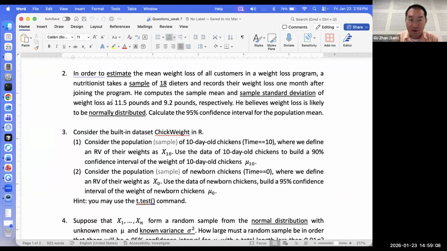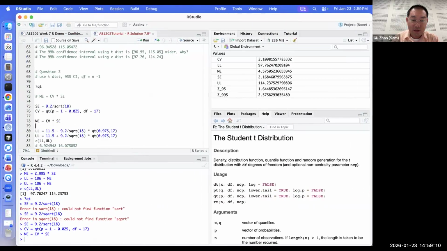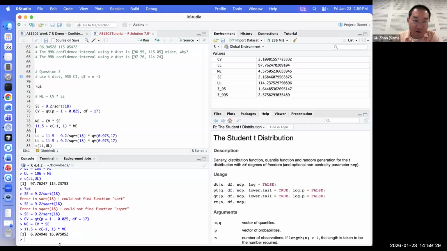Then X bar is 11.5. So 11.5, I teach you a trick, plus or minus, minus 1 plus 1, then times ME. You will get two values.